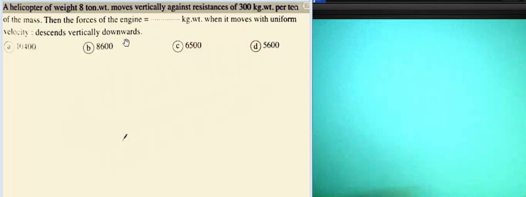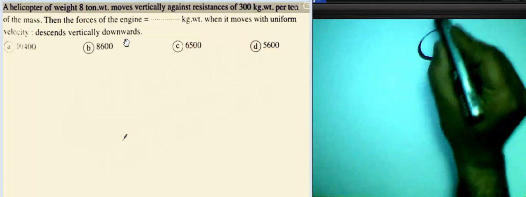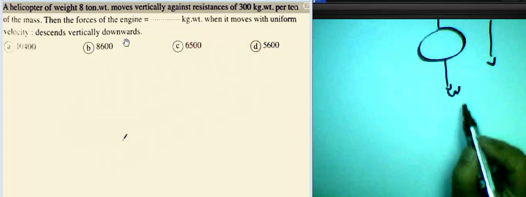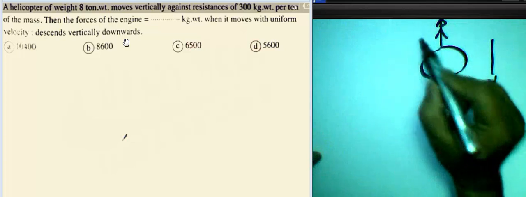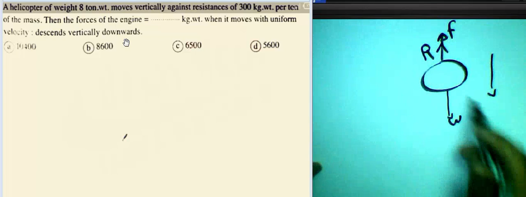The weight here is downwards. Okay, it's a helicopter here. It's the weight, and its direction is down. So we have here R and the force, all the same step up.